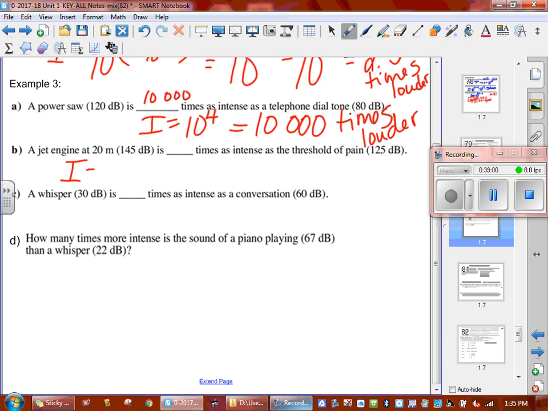So that should give you 10 exponent 2. And how big is 10 exponent 2? 100 times louder. Okay, so 100 times louder.